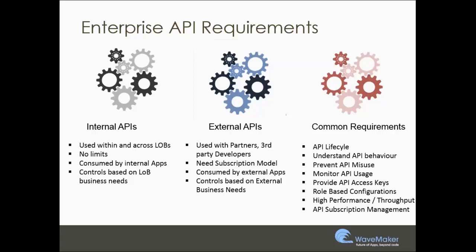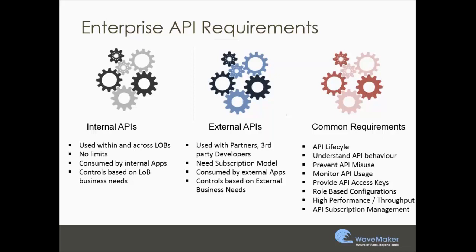In either of the scenarios, what we see is that there are a common set of requirements that fall into place. For example, there's a need for having an API lifecycle and governance. There's a need for developers, the ability for developers to quickly understand the APIs and use them.